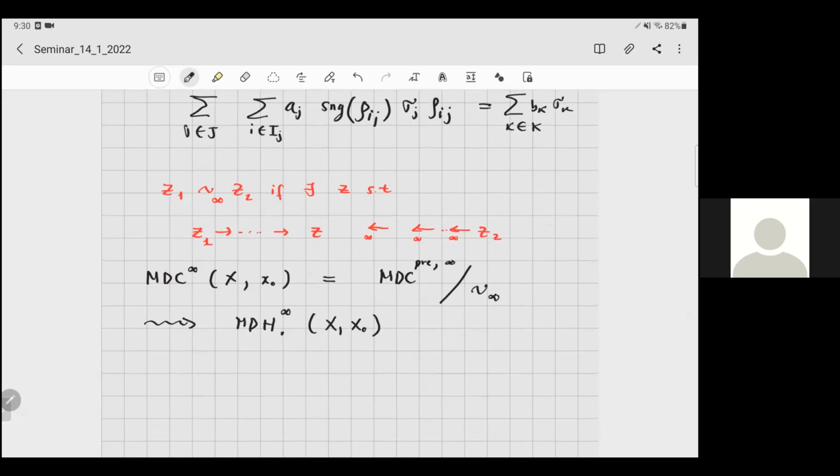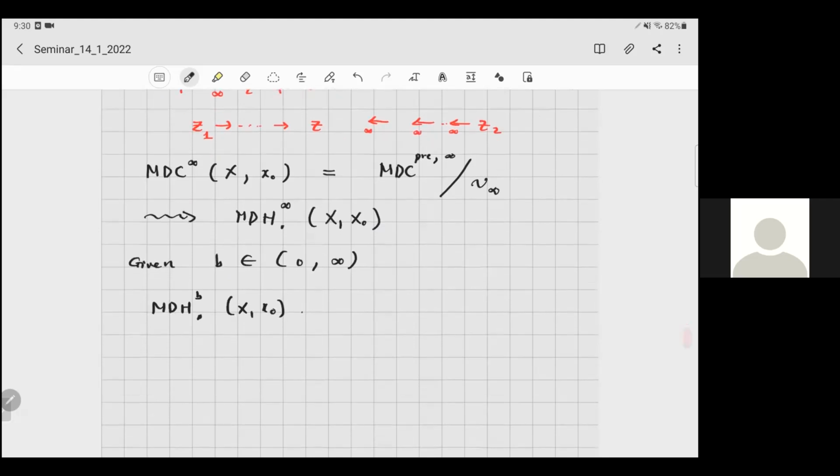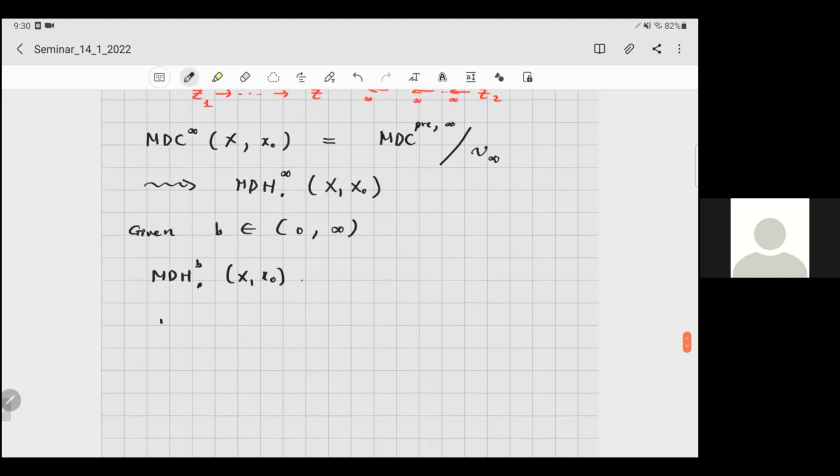But here we haven't seen any Lipschitz condition involved, right? So now I define, given b belonging to (0, infinity), what MD homology b of x0 means. First of all, I take two simplices sigma 1 and sigma 2.